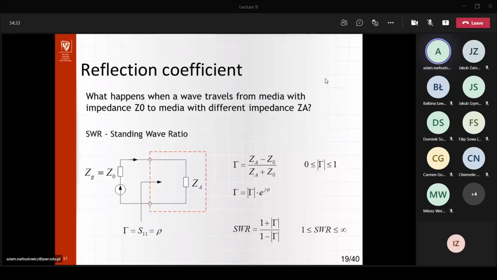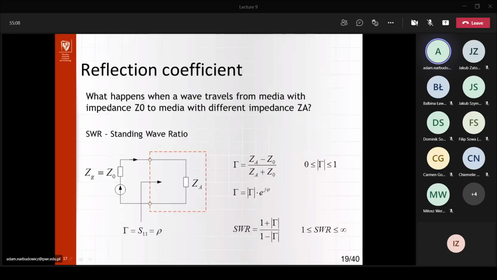So at the end of the day, the principles will be the same regardless of whether it's an optical wave or low frequency electronic signals. They can be generalized. So basically, if we have electromagnetic waves moving from one impedance to another impedance, and those impedances are not the same, part of the signal will be reflected back.